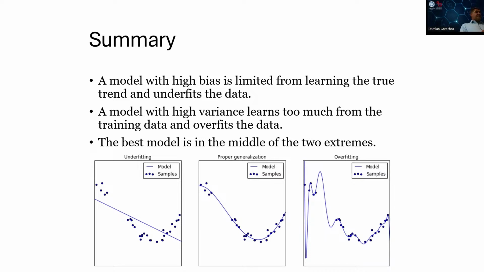The best model is in the middle of the two extremes. Underfitting, overfitting, and the correct model is here. You can see it very clearly on the three pictures. So in the middle is the best model. It approximates the data in the best way. I think you can agree with this, yes?